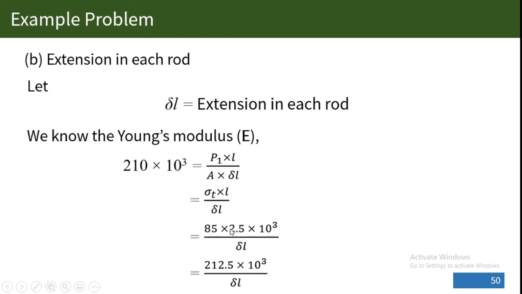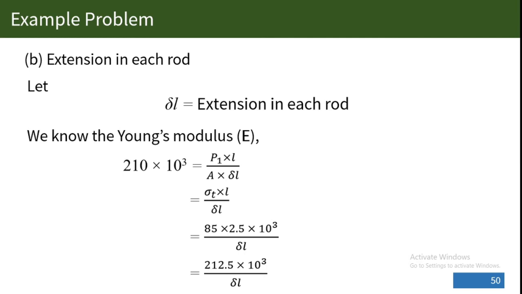This is for the consistency of units. Since the unit of 85 is Newton per millimeter square, we multiply by the unit of millimeter for the initial length, then all over delta L, right? So evaluating it, we get 212.5 thousand over delta L.